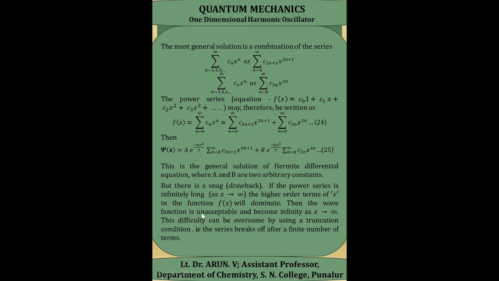If the power series is infinitely long, that is, as x tends to infinity, the higher order terms of x in the function f(x) will dominate. Then the wave function is unacceptable, and becomes infinite as x tends to infinity. This difficulty can be overcome by using a truncation condition, that is, the series breaks down after a finite number of terms.